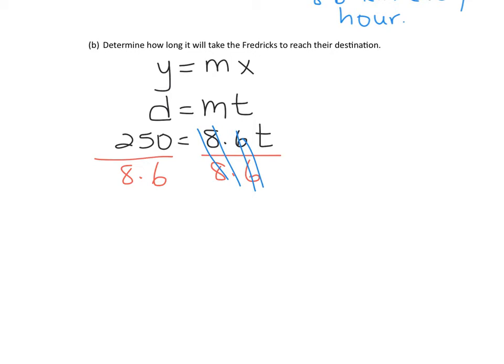We don't have to write the 1 in math, so on the right-hand side, we can simply write t. On the left-hand side, we are going to do 250 divided by 8.6. When we divide, it doesn't give us an exact whole number, but if we were to round to the nearest whole number, we would get roughly about 29.